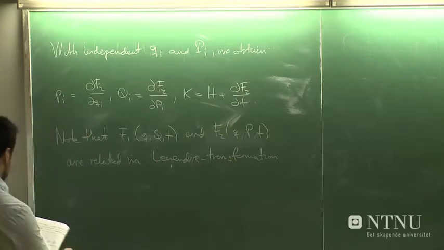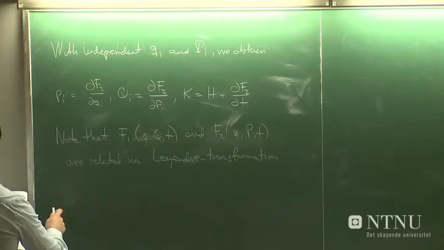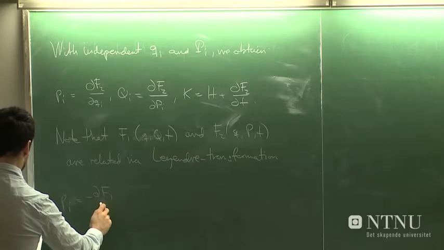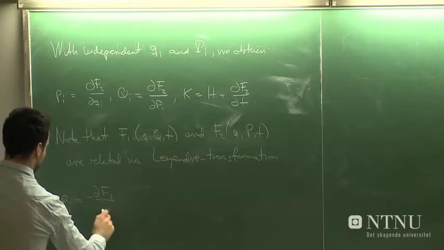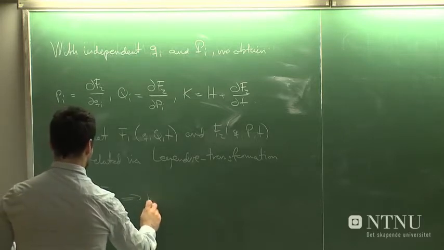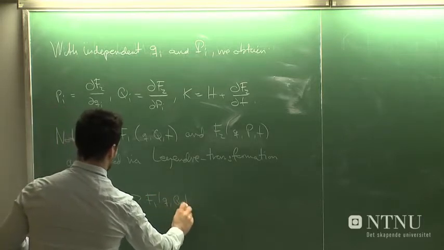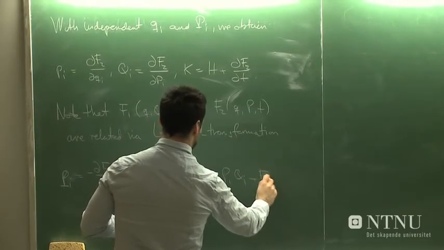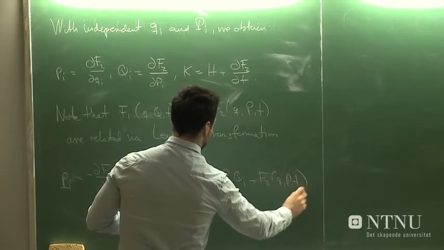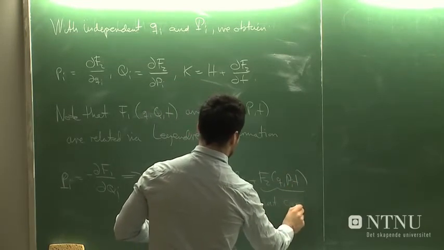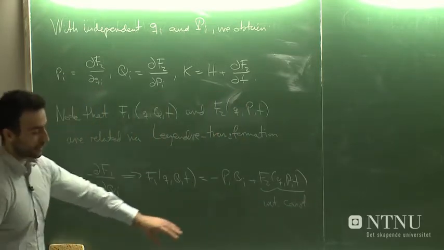and we can see this because we've exchanged one of the coordinates in the two functions. So we have, for instance, this equation from f1, which I can integrate to obtain this.